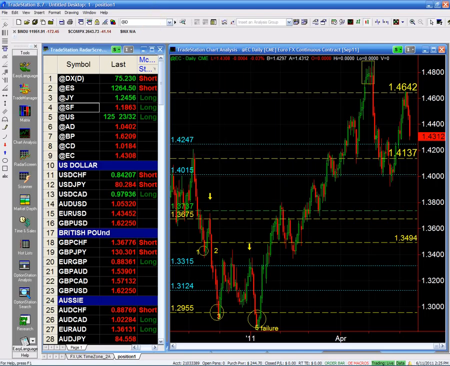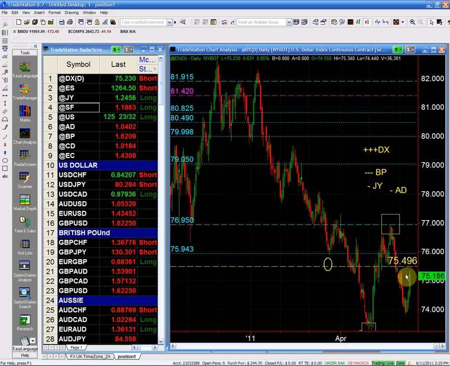I am looking at selling the British pound, and I'm looking at selling the euro. These are the two primary ones I'll be looking at selling. So in this case, my pairs of choice would be short the pound dollar, short the euro dollar. These are the two I'll be looking at, shorting the euro and the pound versus the dollar.